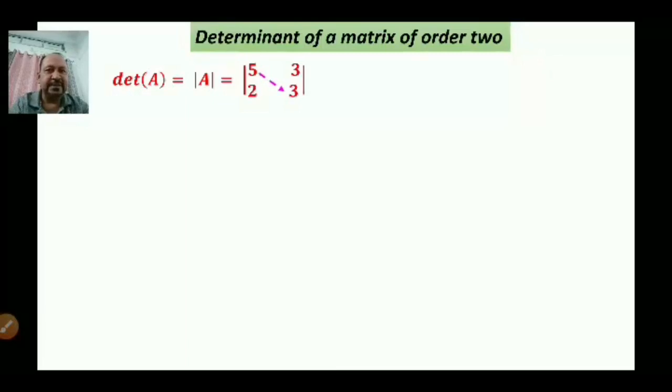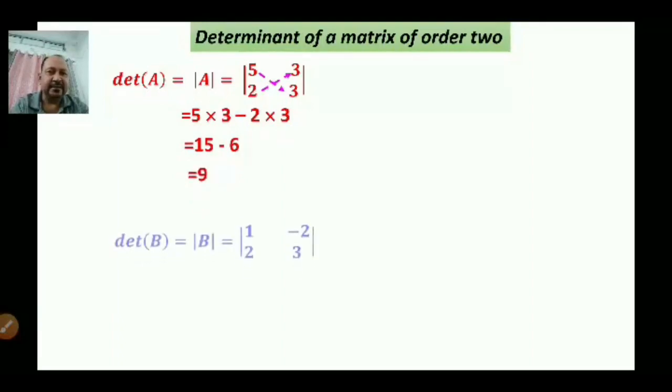Determinants of matrix of order 2. For example, determinant A, you can cross multiply 5 into 3 minus 2 into 3. So 5 into 3 minus 2 into 3, 15 minus 6, and you will get 9. Determinant B, you can find the value of determinant B like this.